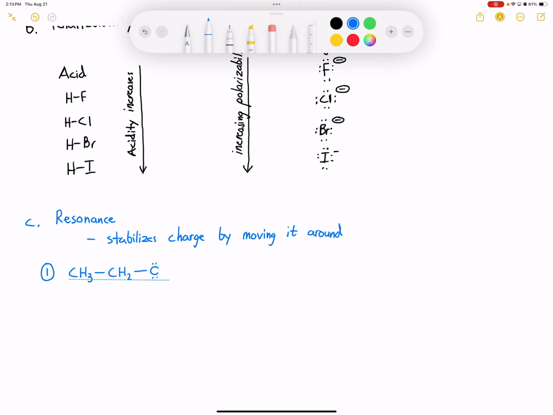I need to draw the bond. If I put this in water, I'm going to write water backwards just to illustrate this bond being removed and going back to the oxygen here. So let's write the conjugate base.